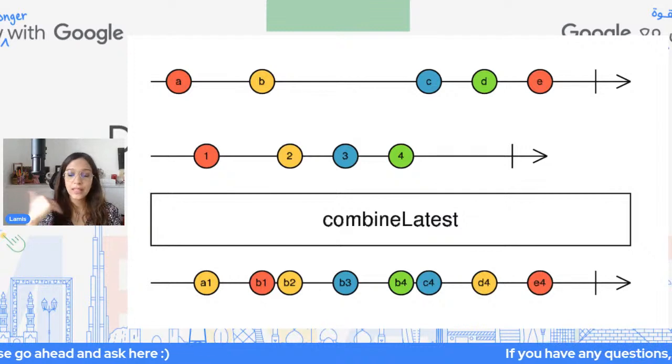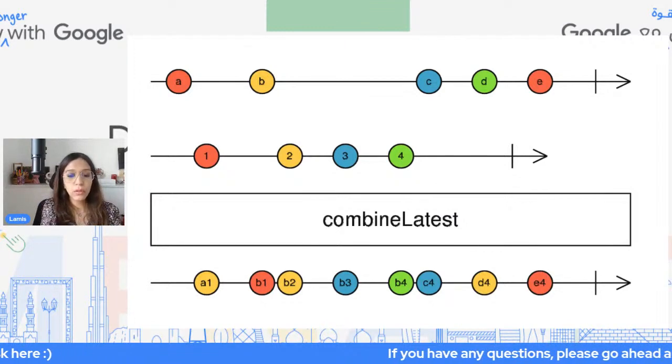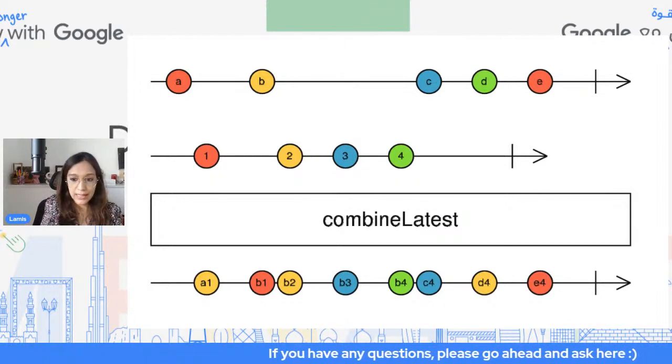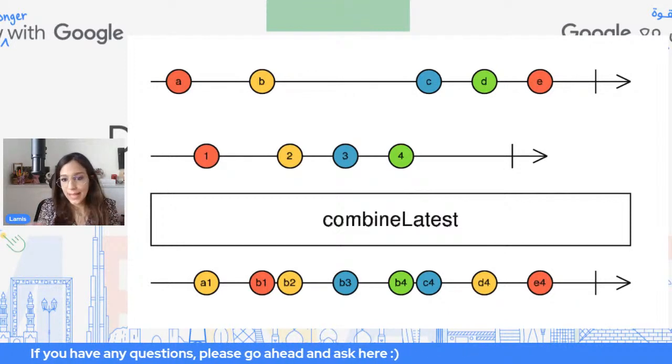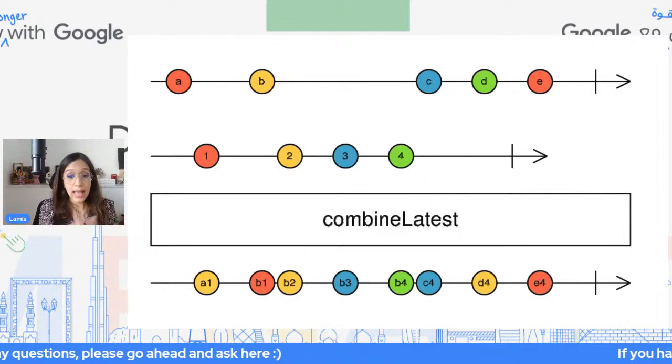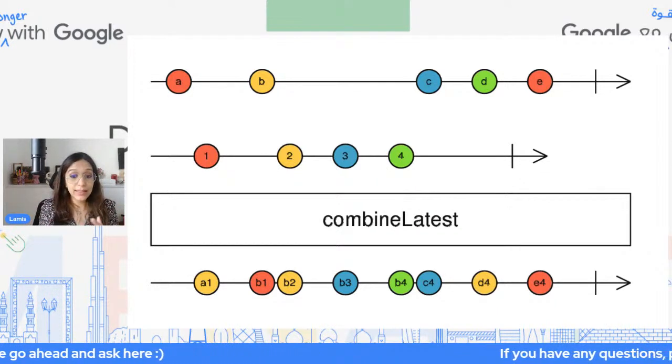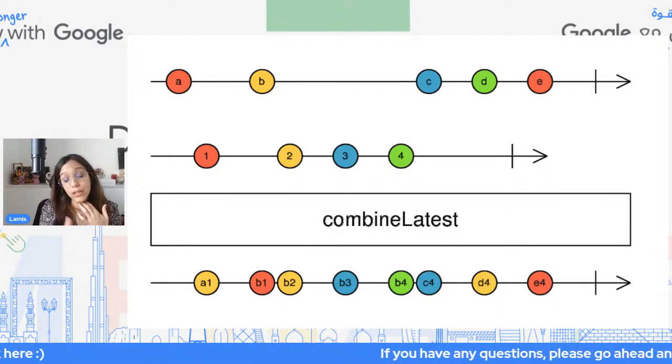All combination operators take as a parameter a list of observables, because I am going to combine, so I will need many observables.